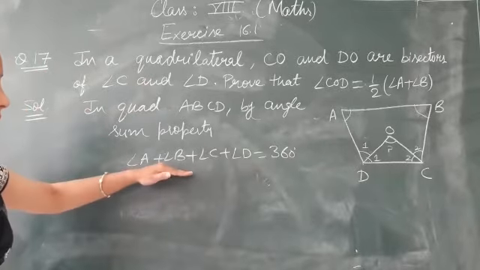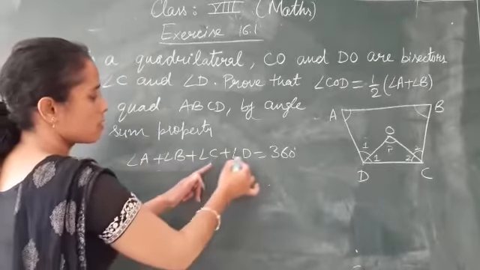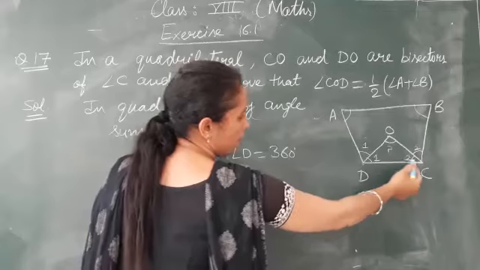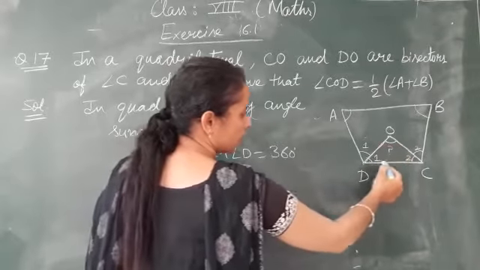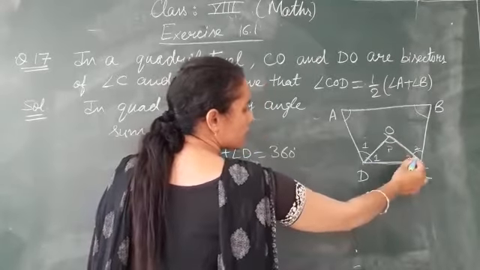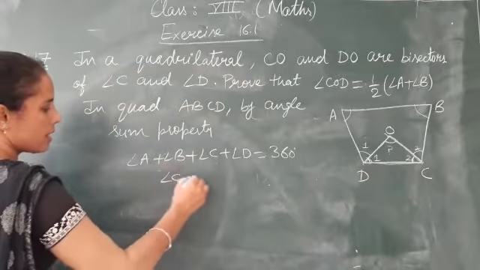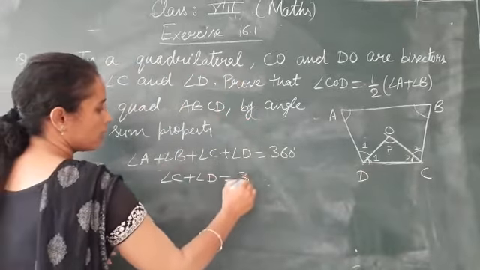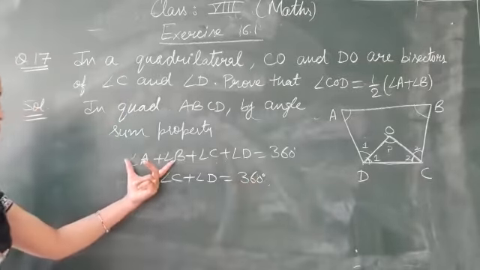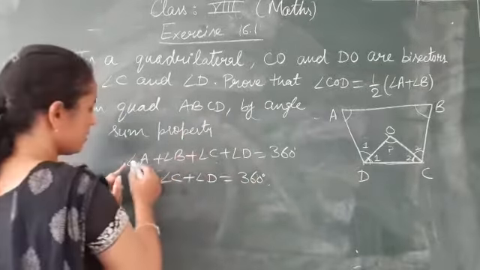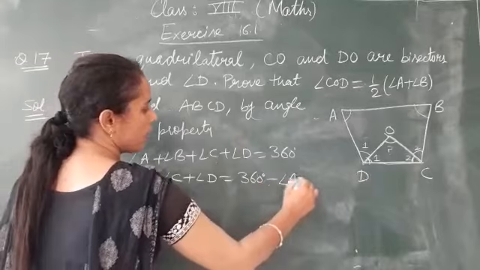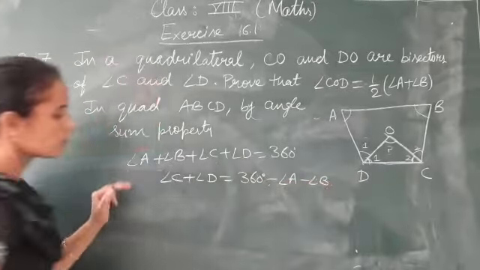After that, on this side you have to keep the angles which are the parts of the angles of the triangle. In the triangle, angle C and angle D you can see. So you will keep angle C and D on this side, and then 360 transpose these two angles to that side. So this will become minus A and minus B.